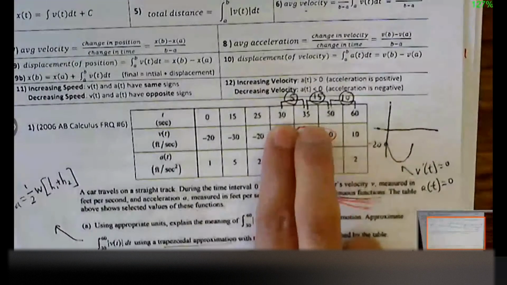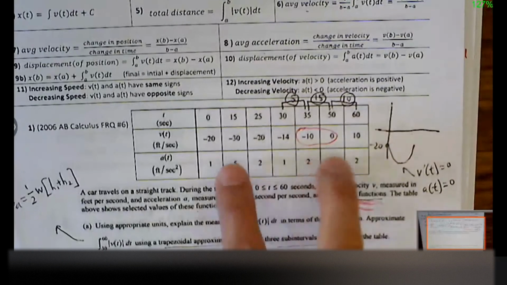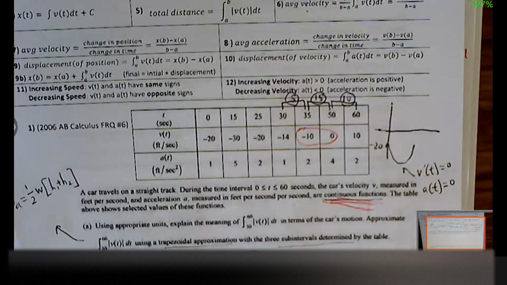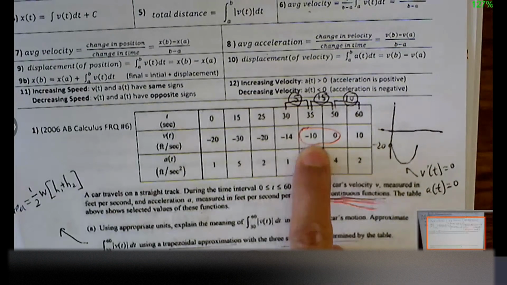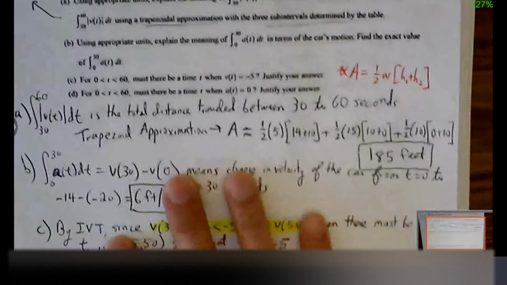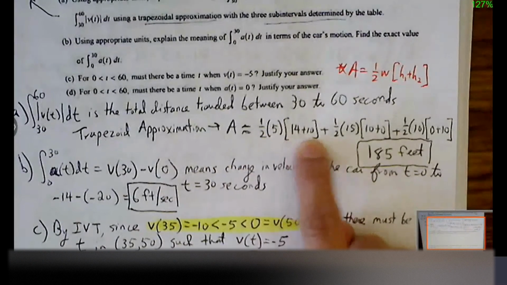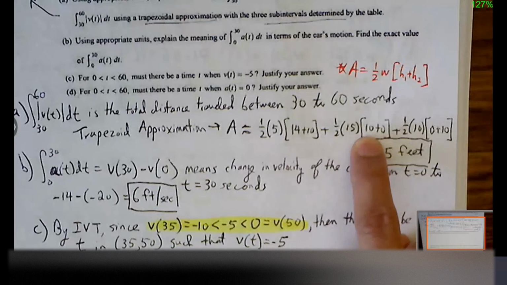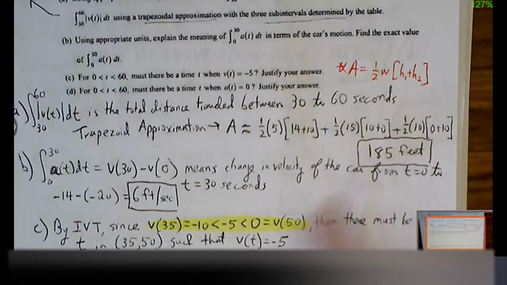We can find the width by subtracting all the subintervals from t. But we got to be careful here. It's the absolute value of v of t, so if we see any negatives, we got to treat those as positive velocities. So 1/2 width times height 1 plus height 2, and then we repeat the process for each subinterval. It takes us all the way down to 185 feet.